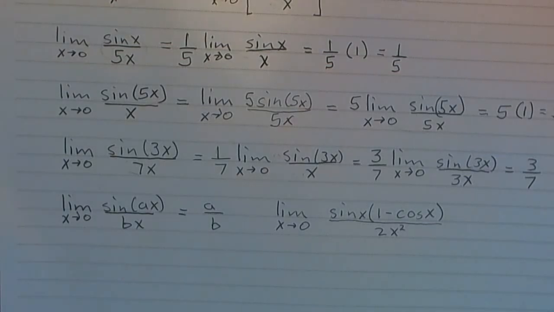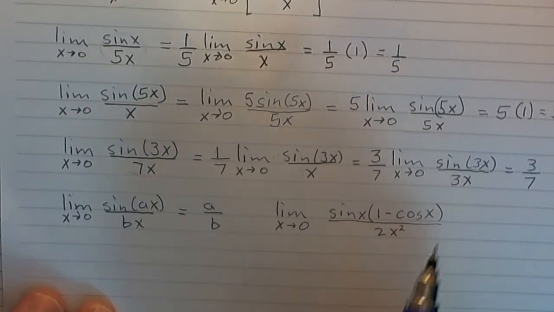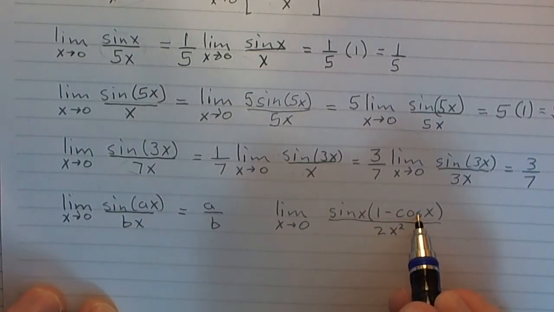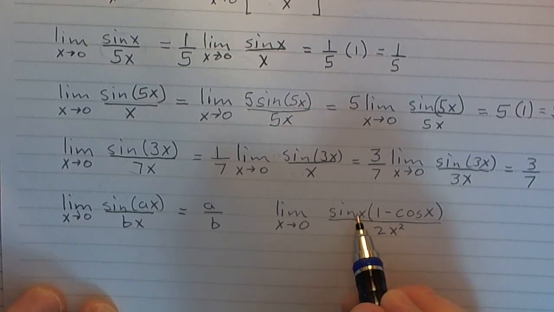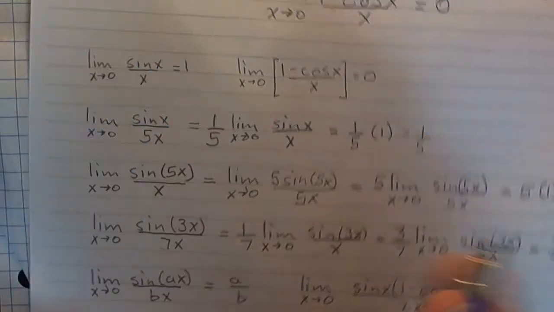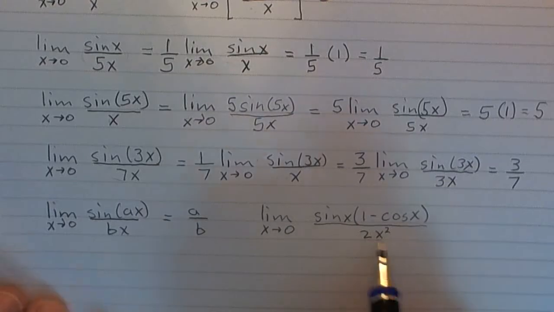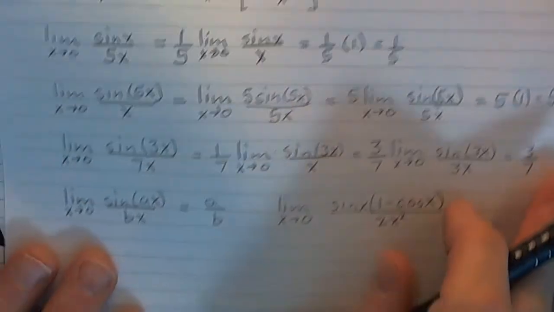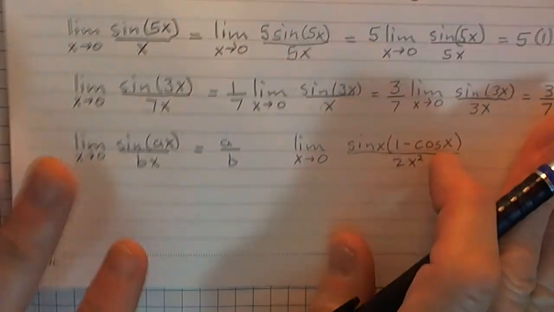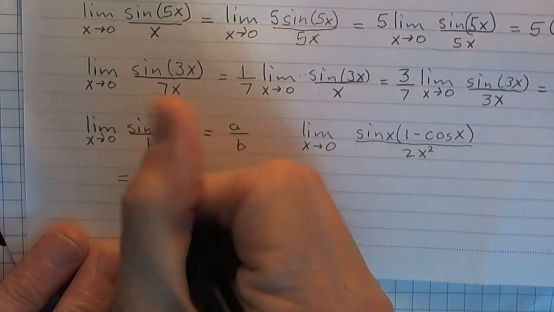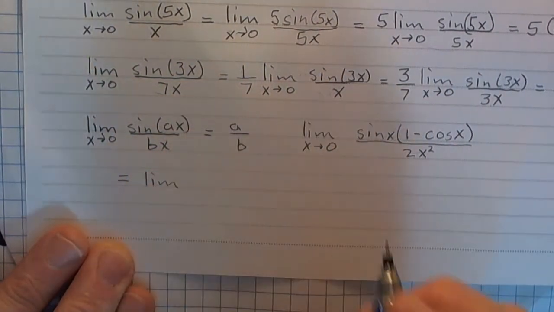Okay, so here's what we need to do. First of all, we recognize the 1 minus cosine x over x, and we know we've got sine x over x. We know we need to use those two limits. Well, I've kind of got them here, right? Because notice I've got an x squared on the bottom, and I could write it this way. I'm going to group things together.